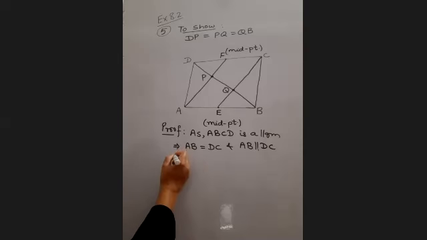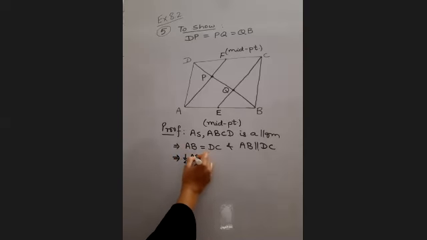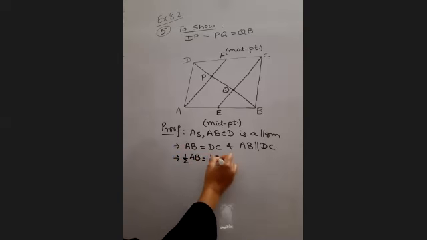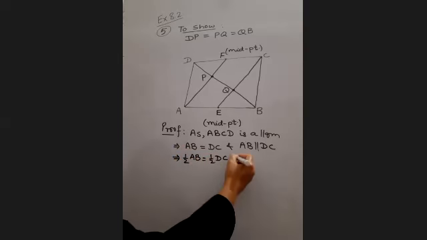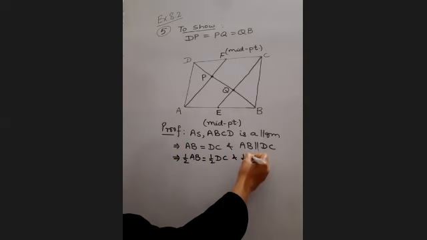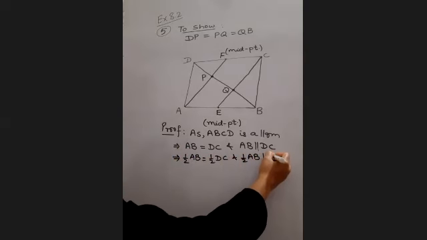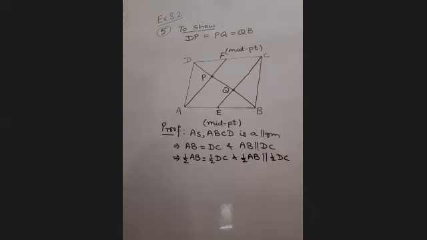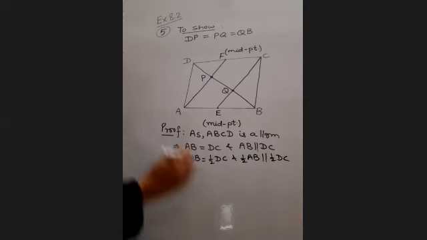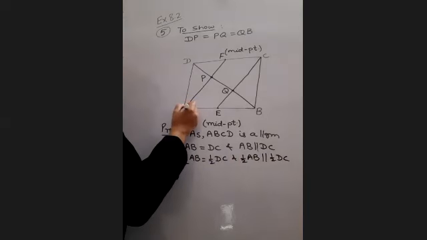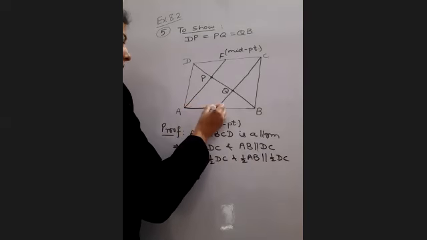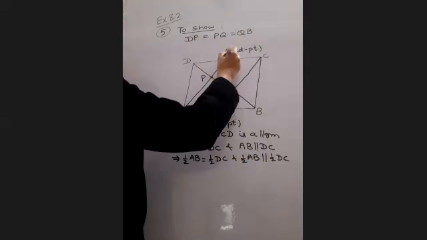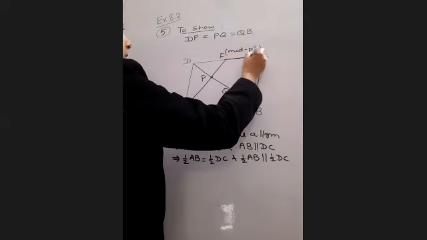Now, if sides are equal, does it mean that their halves will also be equal? Yes, ma'am. And a half will be parallel as well. If full sides are parallel, half sides will also be parallel.